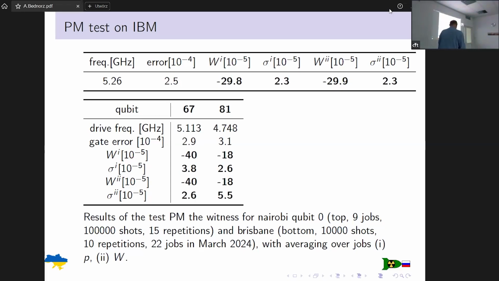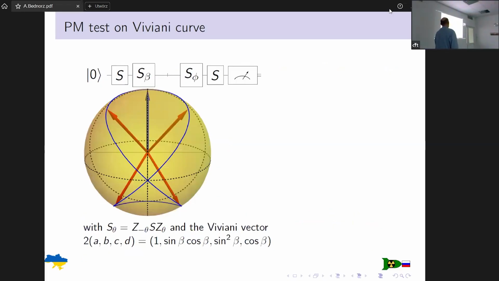Okay, that's one example. Then we wanted to push this test harder and simplify it. The simplified protocol is like here. It also shows how it is done in practice. You start from state 0, which is always the case in quantum computers.